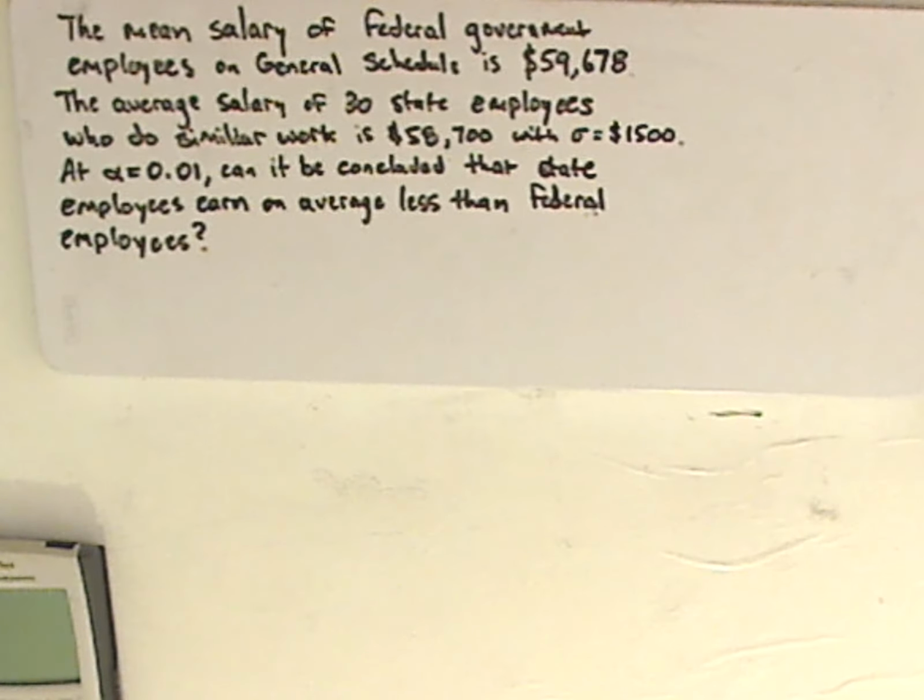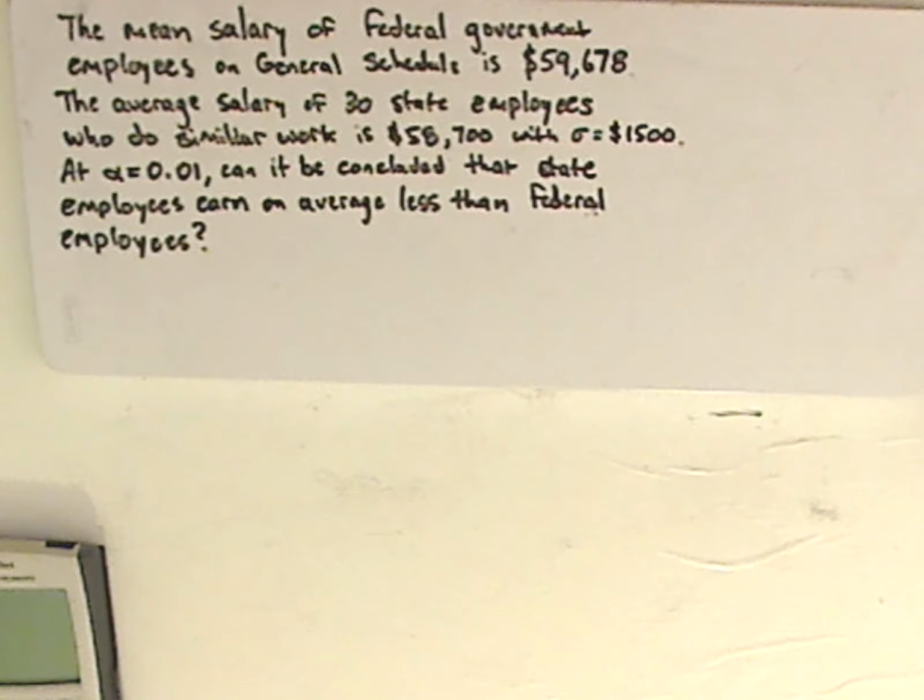So let me read the problem and then you can pause the video and try to do this one on your own. The mean salary of federal government employees on general schedule is $59,678. The average salary of 30 state employees who do similar work is $58,700 with a standard deviation equaling $1,500, and that's the standard deviation of the population, sigma.